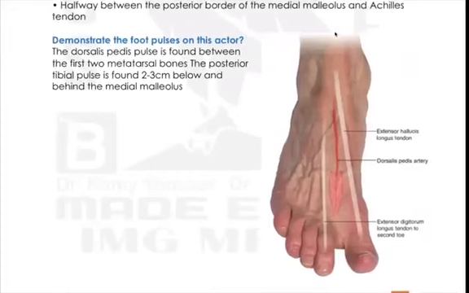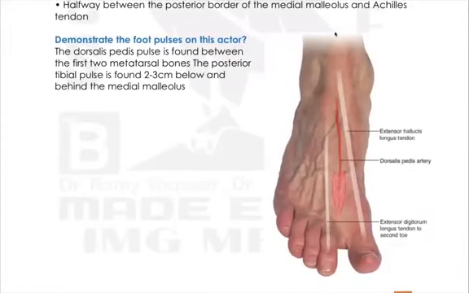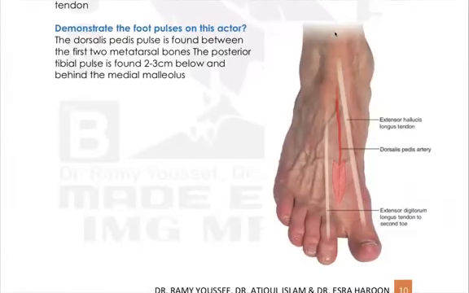They can ask you how to demonstrate the foot pulses on a living subject or a patient. We'll be seeing the extensor hallucis longus tendon shortly. So you can simply say the dorsalis pedis artery.